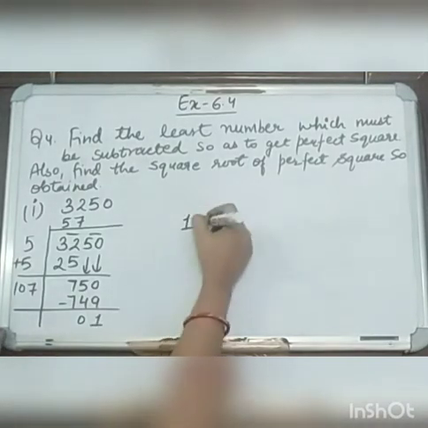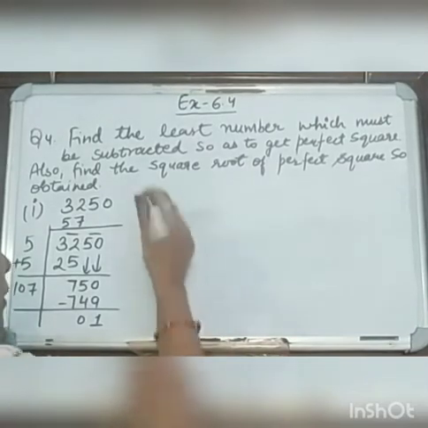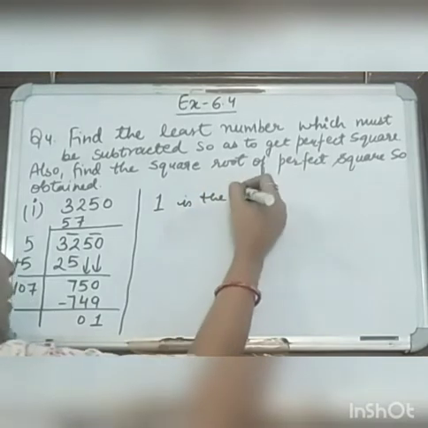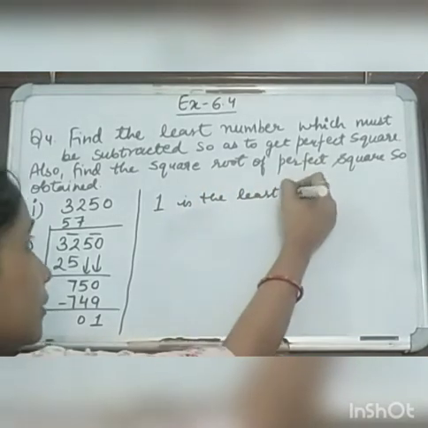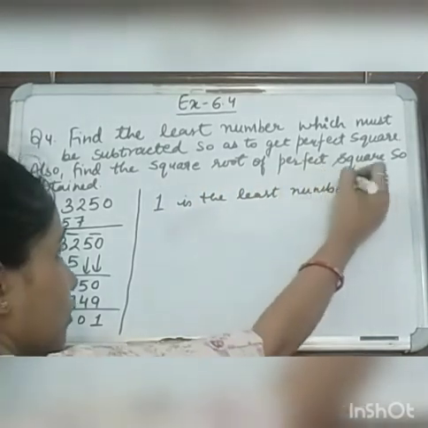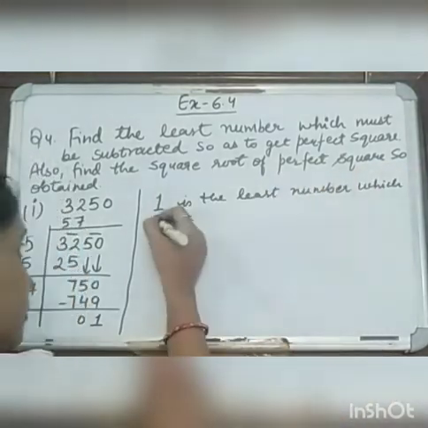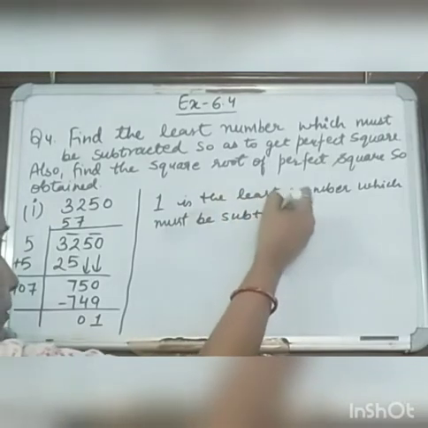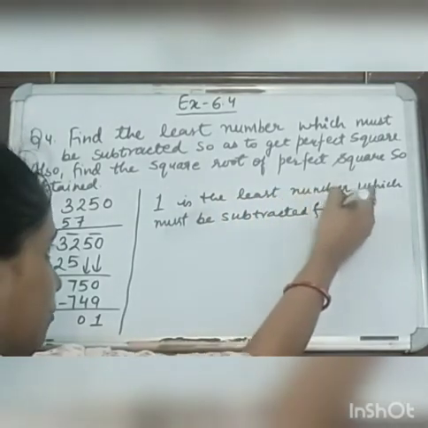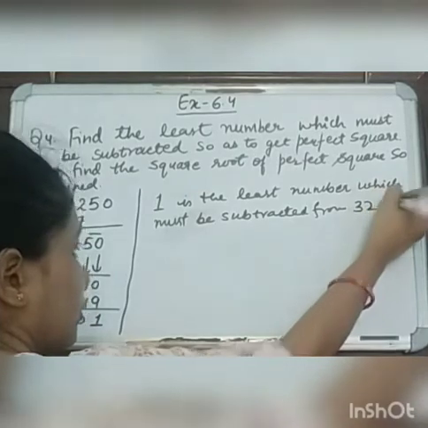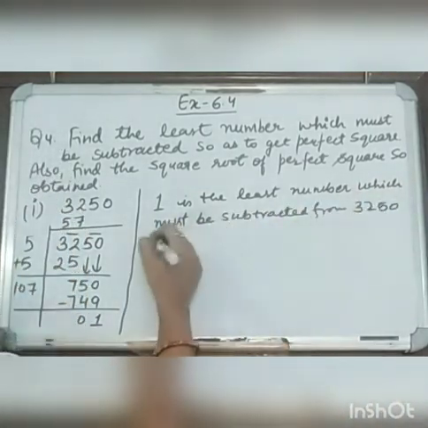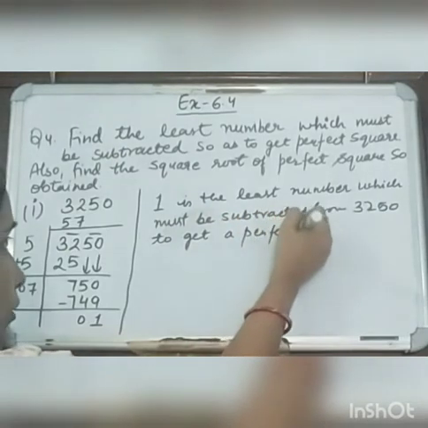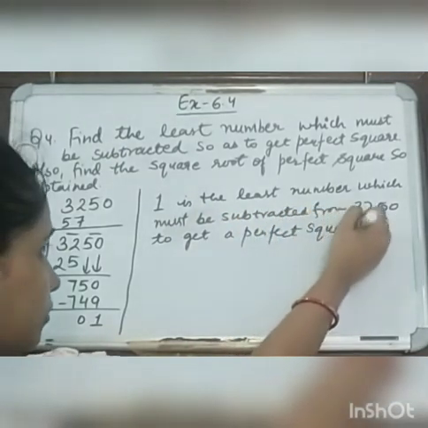So what we will write? 1 is the least number which must be subtracted from 3250 to get a perfect square. Okay, to get a perfect square.